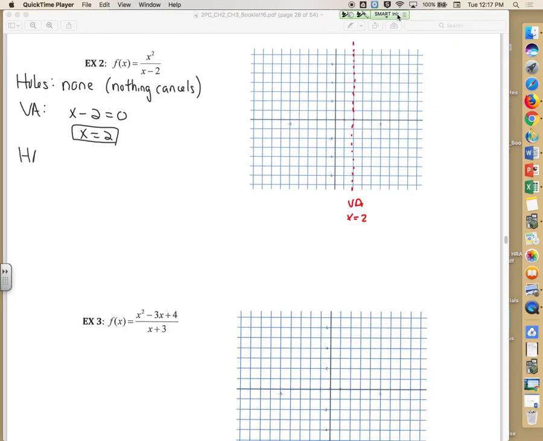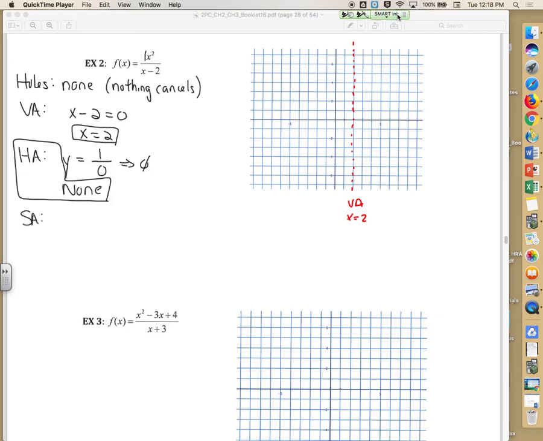A horizontal asymptote is where we look at the ratio of the highest power of x. So x squared is the highest power of x. I have one of those in the top, I have 0 in the bottom. 1 divided by 0 is undefined, which means I have no horizontal asymptotes. And then the final one would be the slant asymptote.